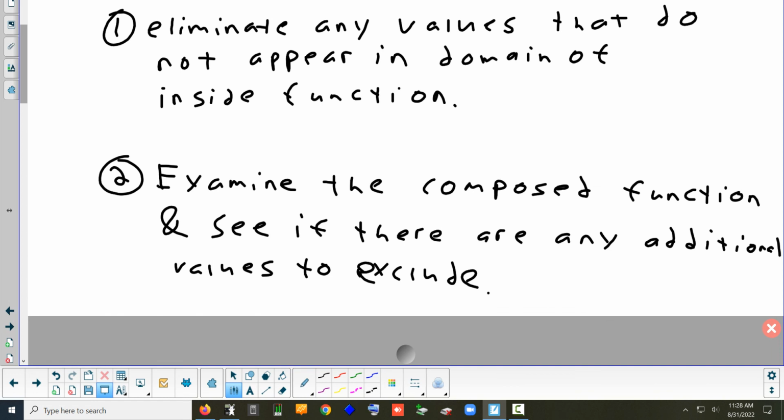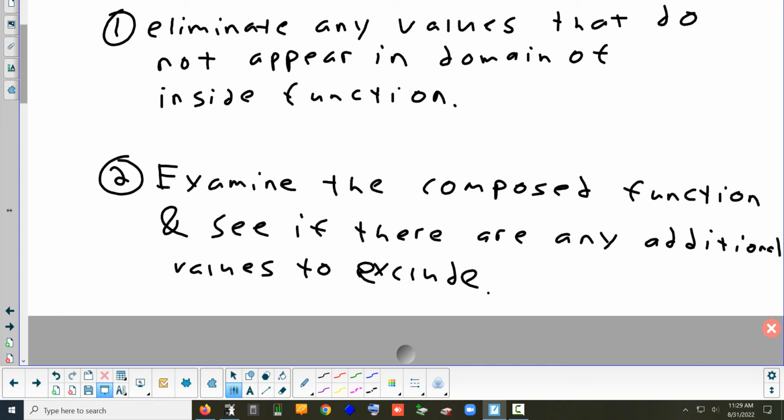Then we look at the composed function, and we see, are there any other values we need to eliminate from that one? What you're looking for, when you're looking for values you need to exclude from the domain, are 2 main things. 1, you're looking for square roots. Is it possible you could ever take the square root of a negative? If that could happen, you need to eliminate those values. We do not want that to happen. So check for square roots of negatives. And 2, check for dividing by 0.